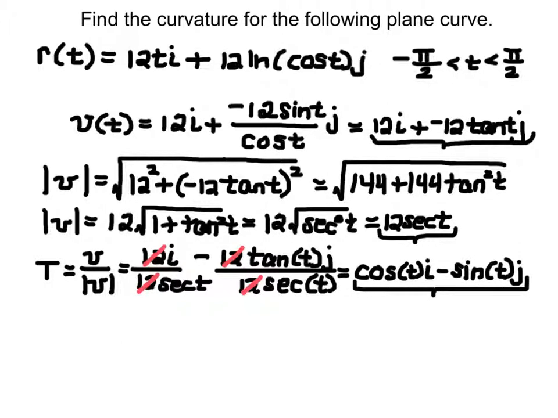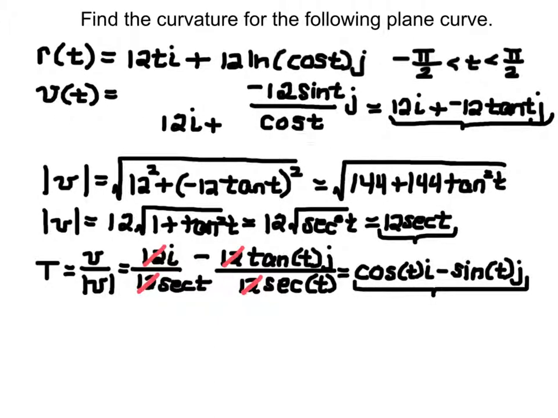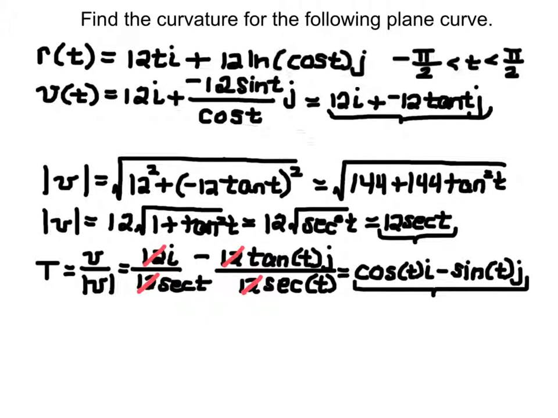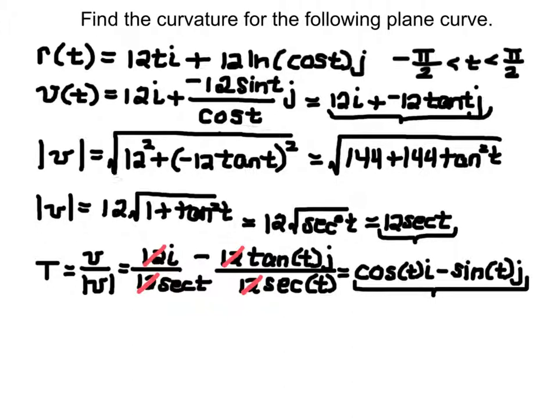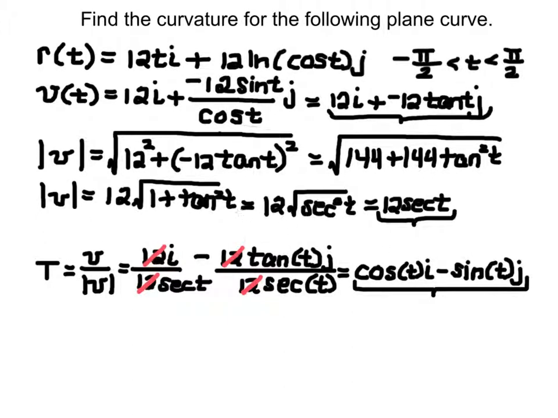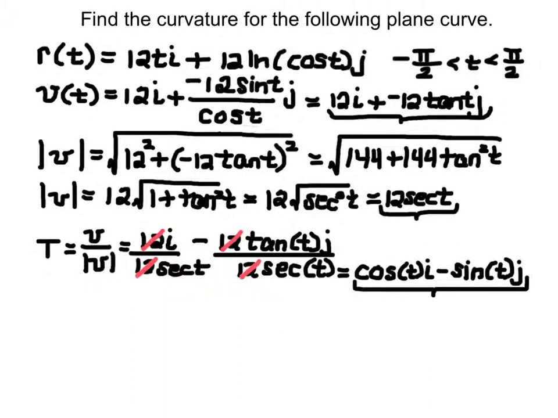Okay, so we're going to need to move some of this up. Let's move up our velocity just to make some room on the bottom. Here's our velocity vector. Here's the magnitude of the velocity, and we simplified it here, and then we'll move up our unit tangent vector.